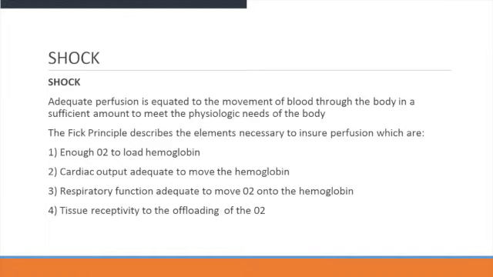You need a good respiratory system to allow that gas to exchange. You also need a good, strong heart to circulate the blood throughout the system. And you need good tissue perfusion to allow it to offload the gas and return back to the heart. If you have any breakdown in this system, the patient will become hemodynamically unstable.